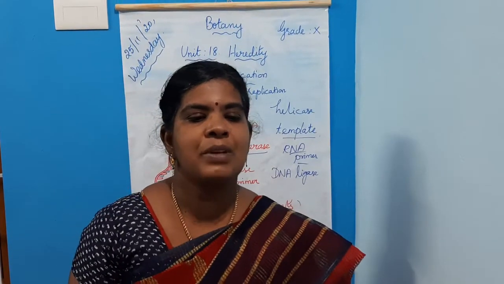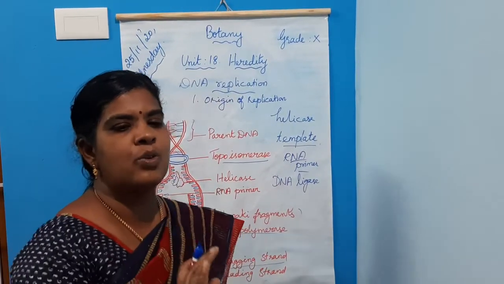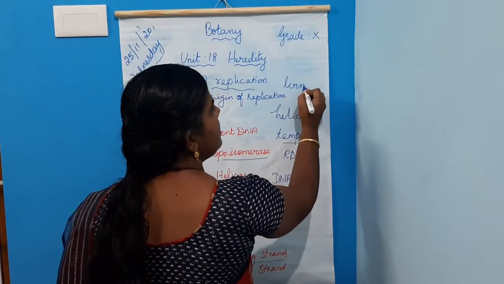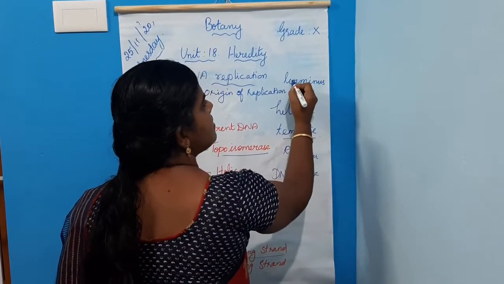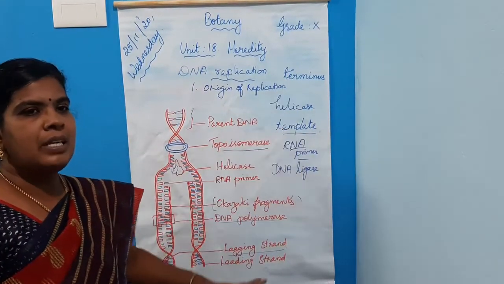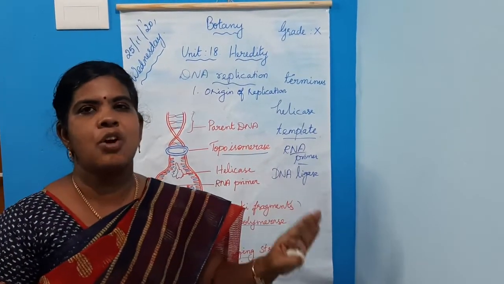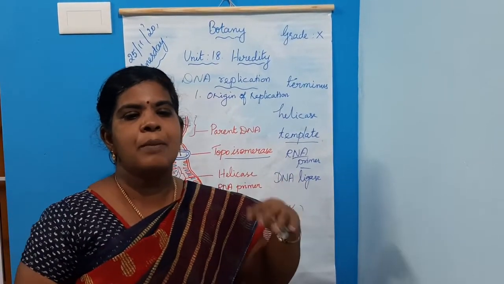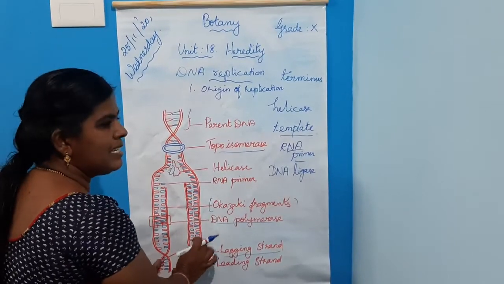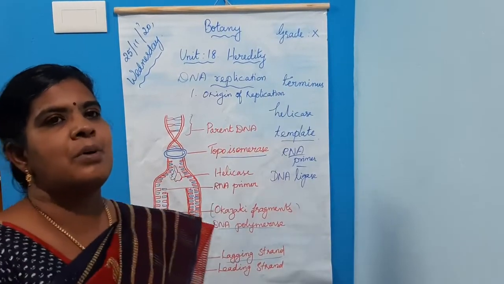Replication stops when the replication forks from the two sides meet at a particular site called the terminus. This is about replication.